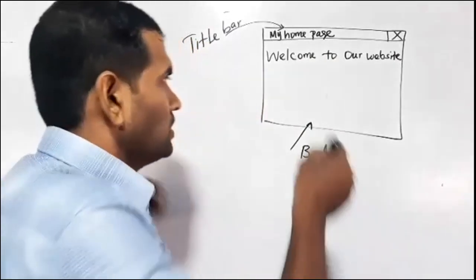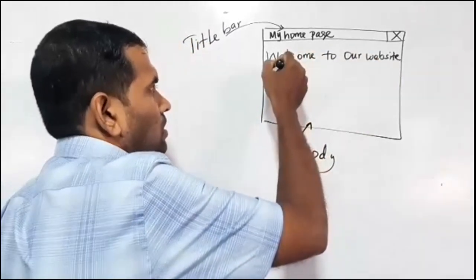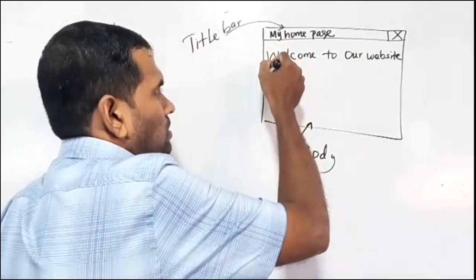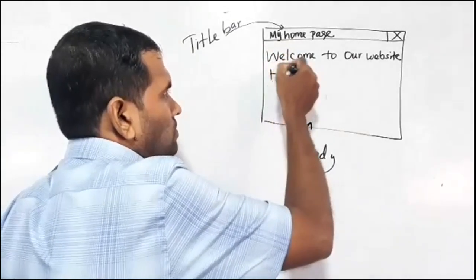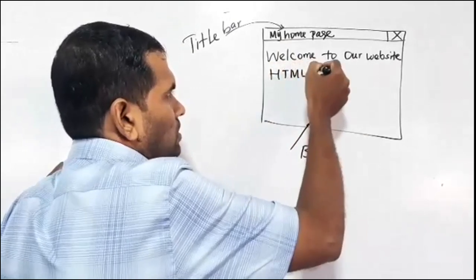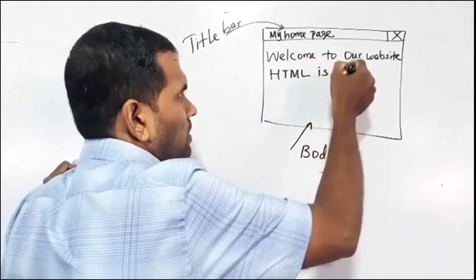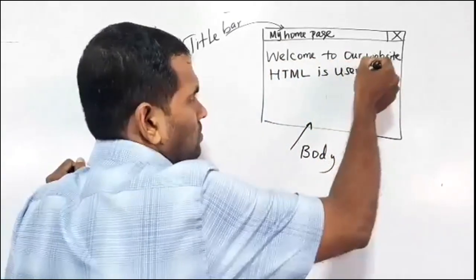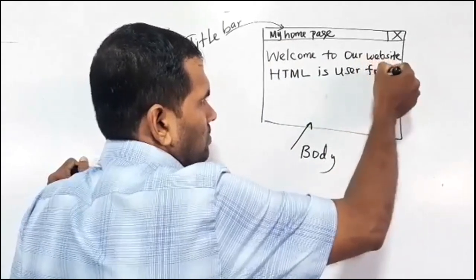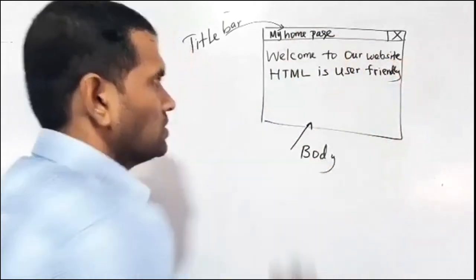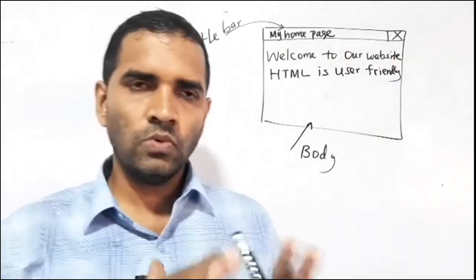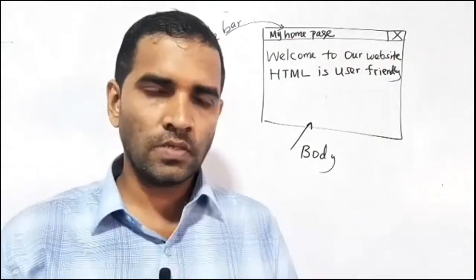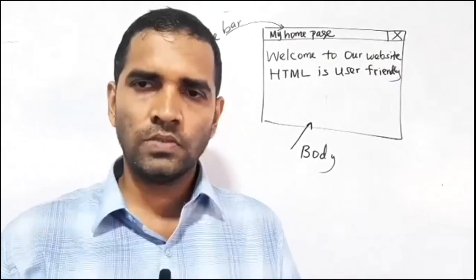Let's say I just want to show, HTML is user friendly. This is my second sentence. I just want to show this sentence as the second sentence on my web page.